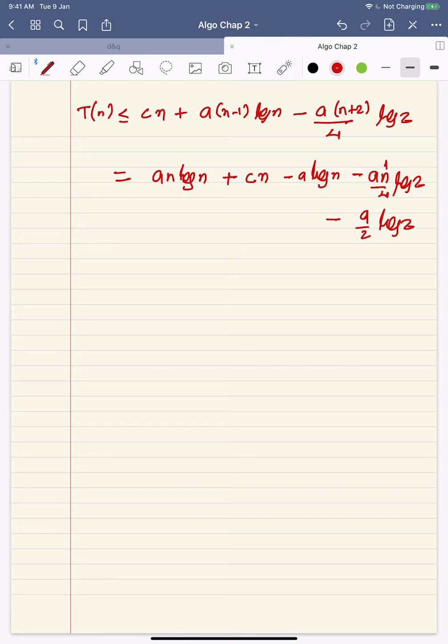Let's put the terms in n together. So this is a n log n plus c minus a by 4 log 2 times n minus a log n minus a by 2.